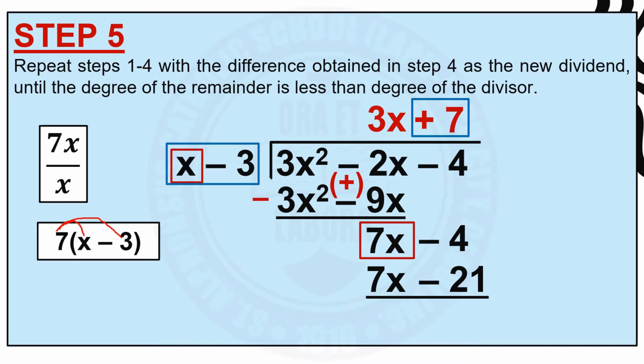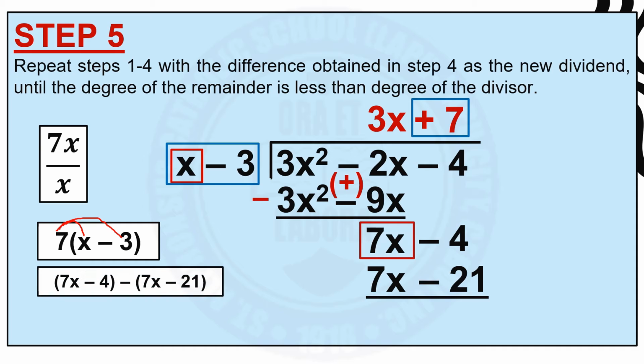And then subtract. When you subtract, do not forget to change the sign of the second polynomial. So we have here minus 7x, and this part here becomes plus. Then combine.